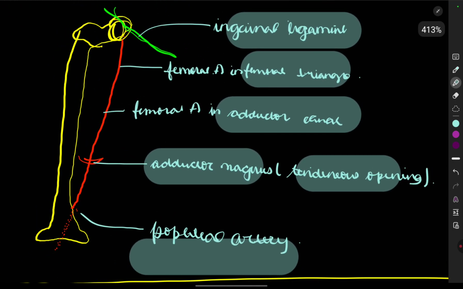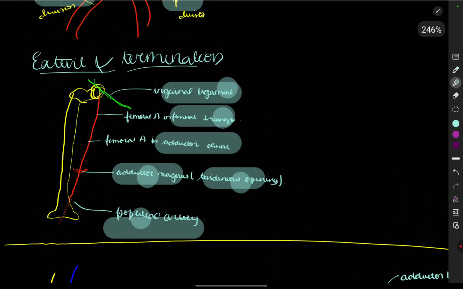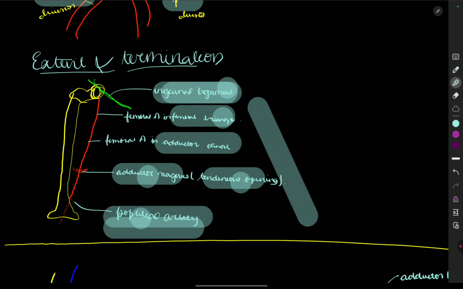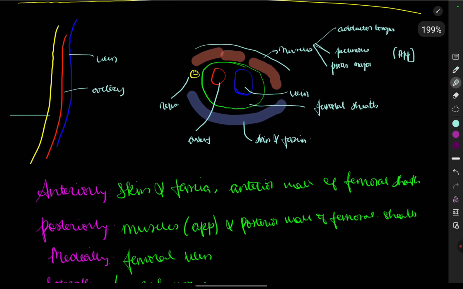So its extent is from the inguinal ligament into the femoral triangle, then the adductor canal, then the tendinous opening of the adductor magnus, and it continues as the popliteal artery. This is the termination of the femoral artery. This is the beginning, and this is the course or extent of the femoral artery. We are done. The clinical importance of the femoral artery we will study in the next chapter.